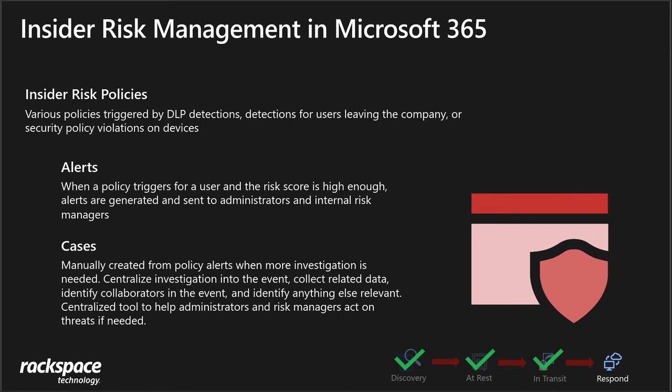Once the alert is validated, so once you look at an alert and say, yes, this is a threat, this is something that I don't want to happen to my system, and this looks suspicious, you can then create a case. You create a case from an alert, and it centralizes and aggregates all of the alerts for a specific user into a location within the Microsoft 365 system, so that people like case managers, legal, HR, and risk managers can all act on this specific case, centralizing both the investigation and the collection of data.